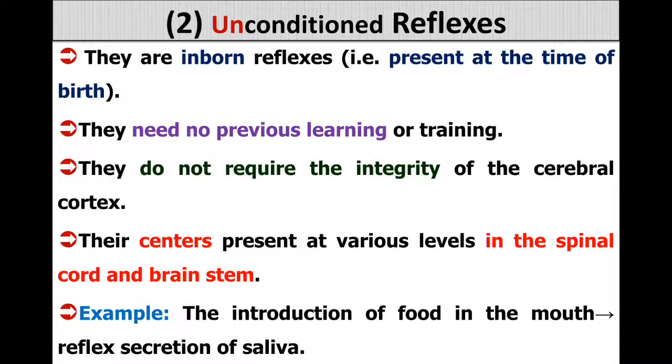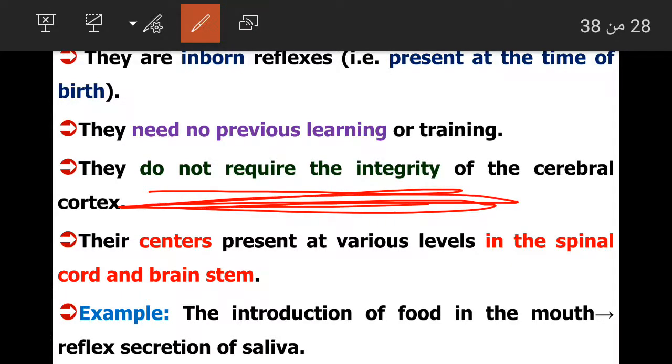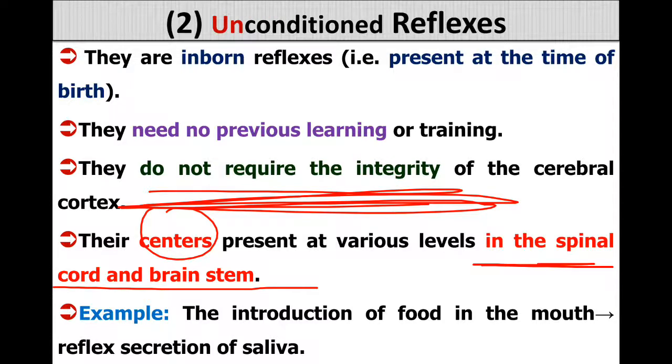They are inborn reflexes, meaning they are present at birth and need no learning or training, and don't require integrity of the cerebral cortex, so they are called unconditioned. Their centers are present at various levels in the spinal cord and the brainstem. For example, the introduction of food into the mouth leads to reflex secretion of saliva.